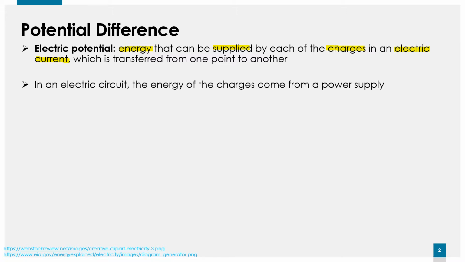So let's understand a little bit better. In an electric circuit, this energy of the charge comes from the power supply. So it depends on the power supply that you are talking about. A power supply is any device capable of generating electrical energy.